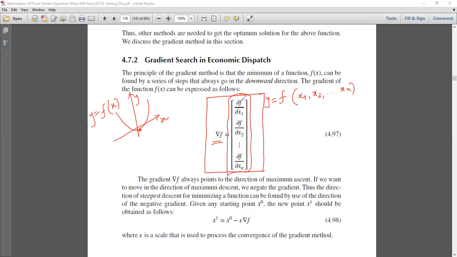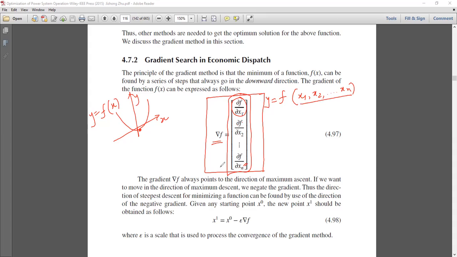If it is a single-variable function, you simply take the first one, df over dx, done. If it is a two-variable function, you take df by dx1 and then df by dx2. In general, if it is an n-variable function, you have to calculate up to the nth element of your unknown variable.